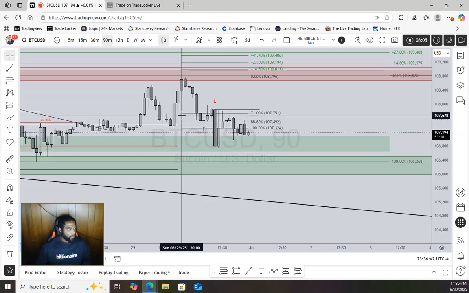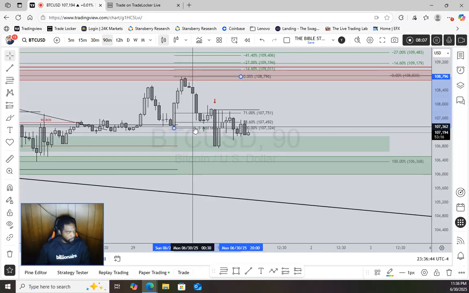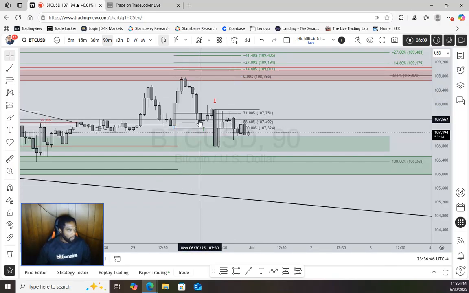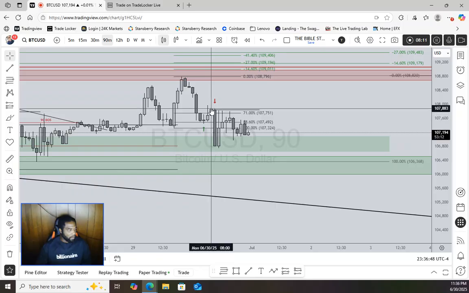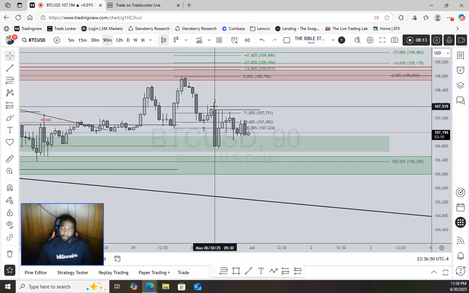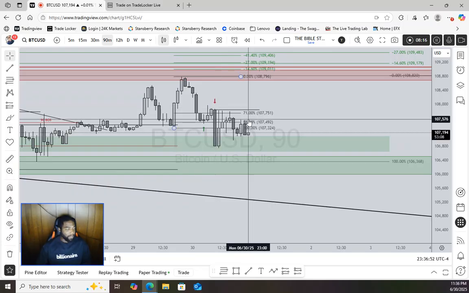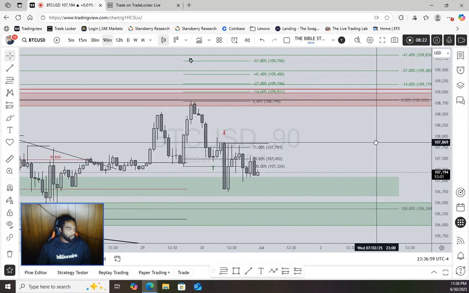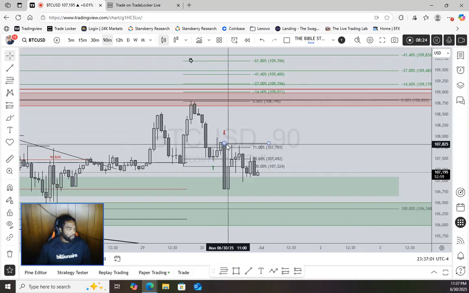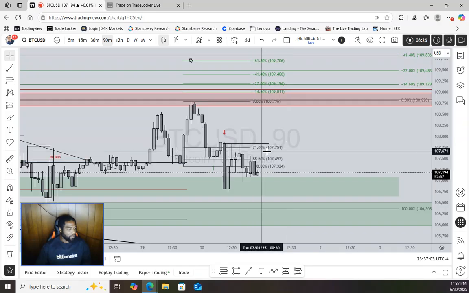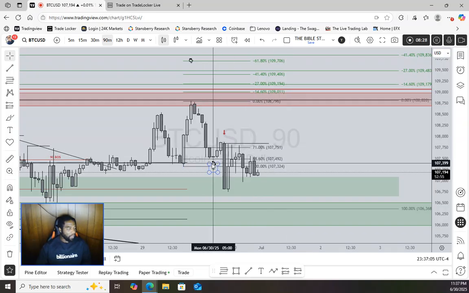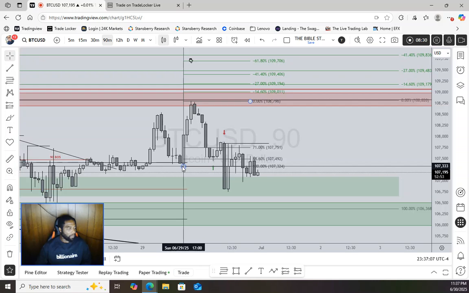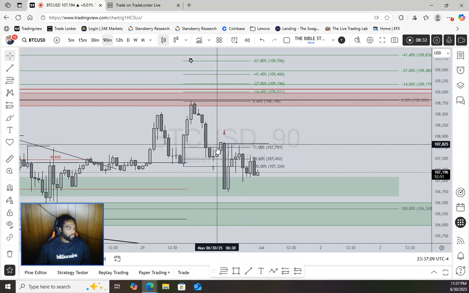We had our snipe zone here, right? And then price got here, and what did price do? See, that's what it's about. We can anticipate price to give that continuation, like we analyzed.